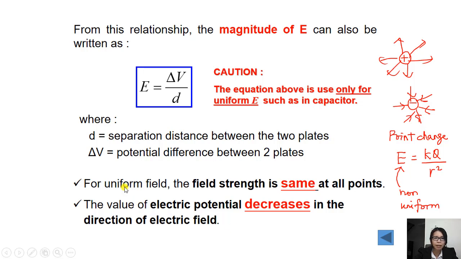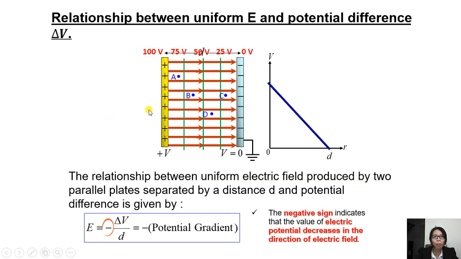Since we said it's a uniform field, it means that the field strength is the same at all points, class. At any point inside the parallel plates, the value of electric field strength is the same. So the electric field strength at point A is equal to that at point B, equal to that at point D, and also point C. Why? Because it's uniform. Uniform means constant.